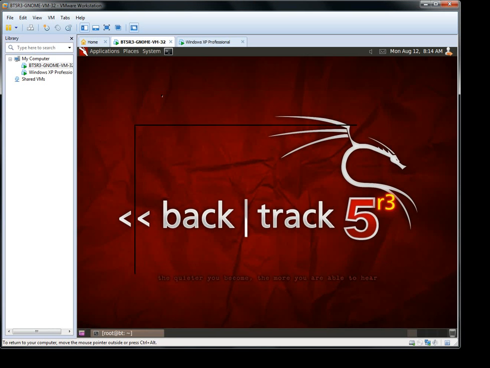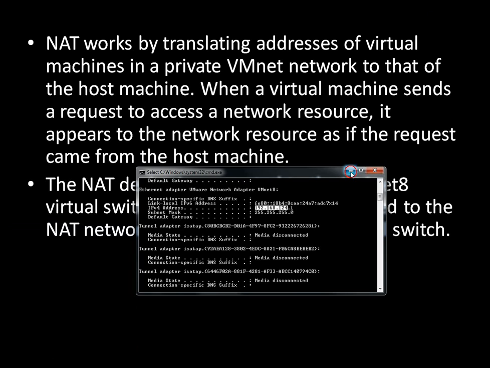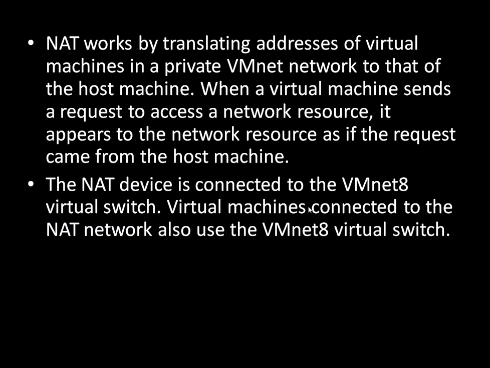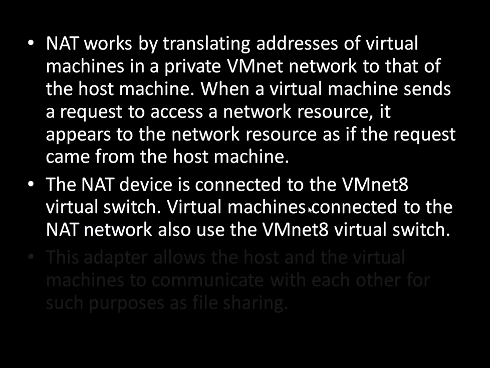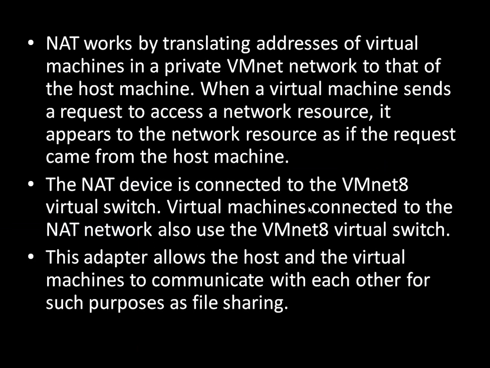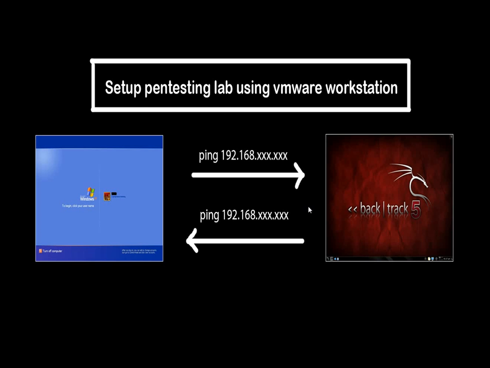So friends, it means that both our virtual machine as well as our host machine share the same switch, VMnet 8. This adapter allows the host and the virtual machines to communicate with each other for such purposes as file sharing.